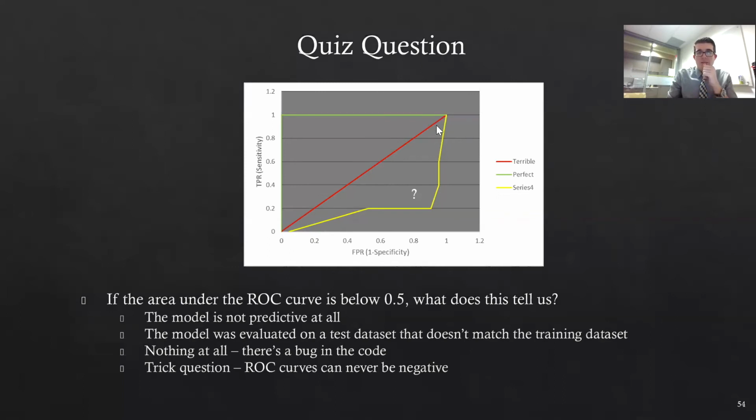Nothing can be worse than a random classifier. Because we're below this line, it means that our model is still predictive. It's just predicting the wrong thing, which means that our labels are likely flipped. So if you get something like this, you should go back and check to make sure that there are no typos.